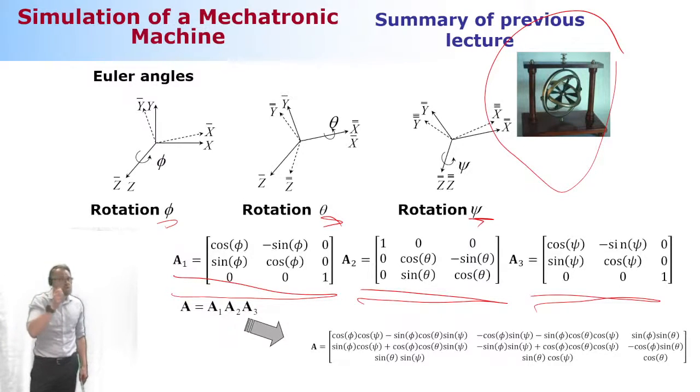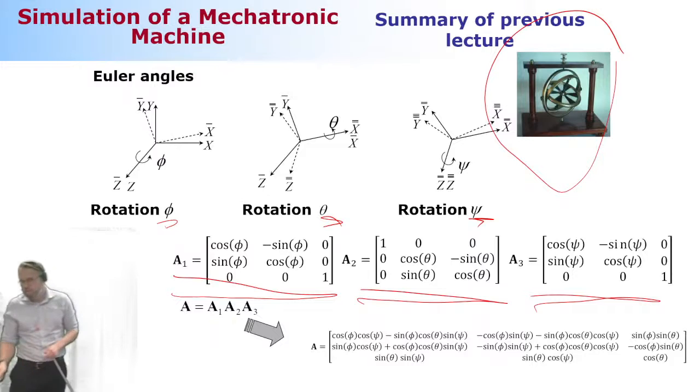Okay, these are the amounts of rotations. But really what matters is that they are successive rotations. In kinematics, successive rotations can be taken into account by multiplying rotation matrices together, each of them describing one rotation. Now, for three successive rotations, I need to take these three rotation matrices and multiply them together. And this is how it looks.